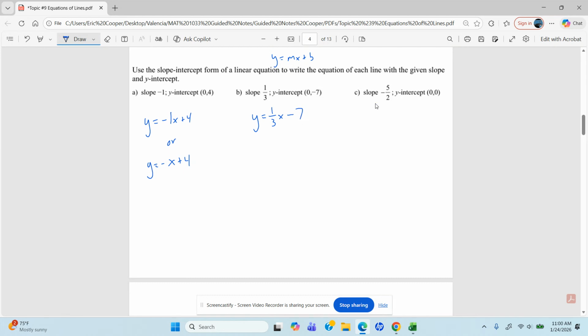Now for the last one, we have a slope, but realize our y-intercept is just the origin. It's the one that starts in the middle. So technically, we don't need to write this. While you might write y equals -5 over 2x plus 0, more often than not, we're going to commonly write it as y equals -5 over 2x, and just not write the 0 at the end.